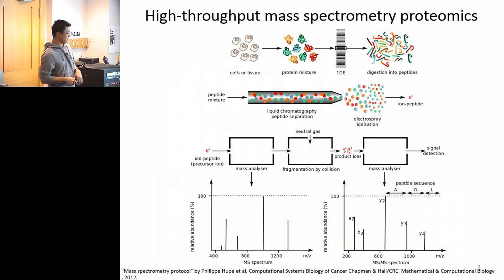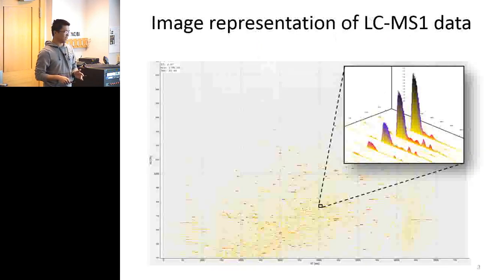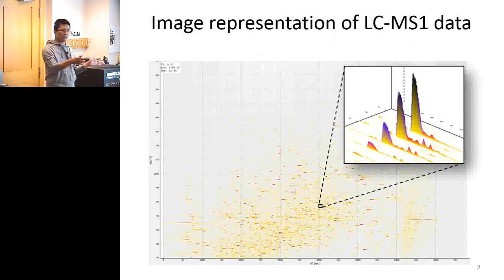This MS spectrum is acquired from one time point of the liquid chromatography. Because the instrument is so fast, we can think of the whole analysis as an image.